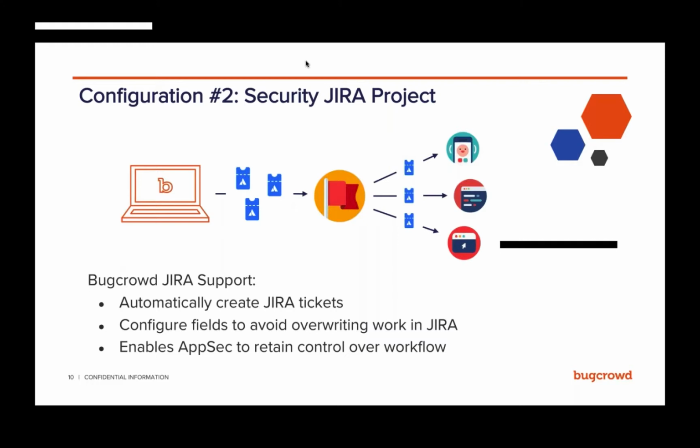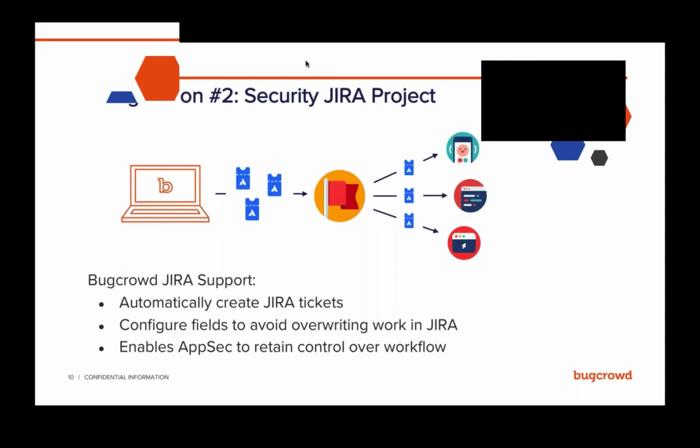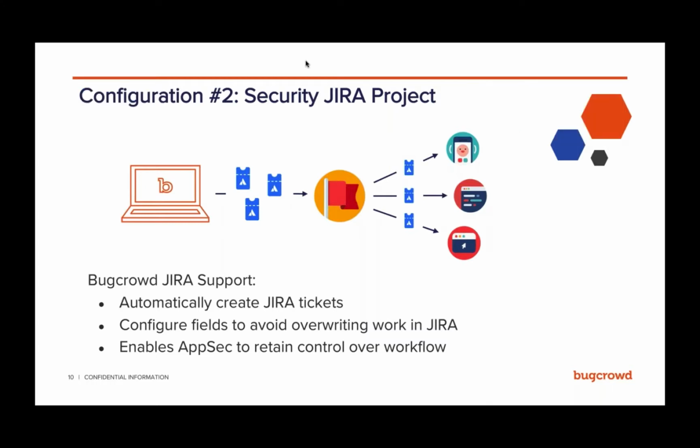And so one thing that I do want to note that our Jira integration helps out with in this instance in particular is custom field configurations, which avoids overriding work in Jira. Let me give you an example of this. If the business impact of that vulnerability changes in a particular instance based on what your security team is able to investigate when looking at the vulnerability, that may change in the Jira ticket.